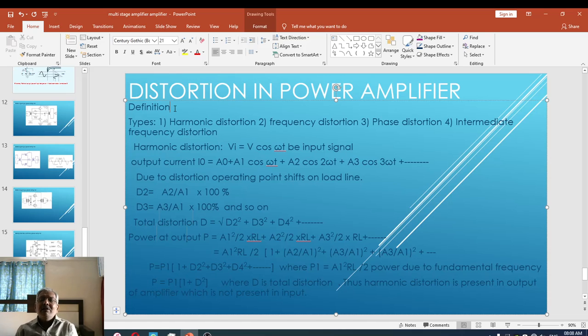Basically, the amplifier distortion in power amplifiers is classified into four types. One is harmonic distortion, second is frequency distortion, third is phase distortion, and fourth is intermediate frequency distortion.